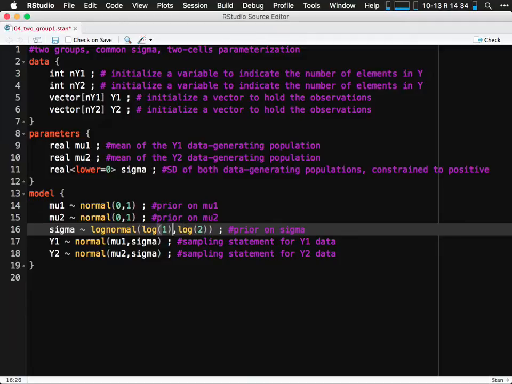Our certainty is peaked at 1, because that's how we defined the data by scaling it. So we expect 1 to be a very likely candidate for the amount of variability, and then this just establishes wiggle room on either side.